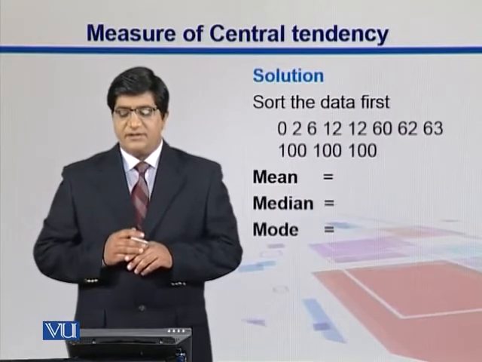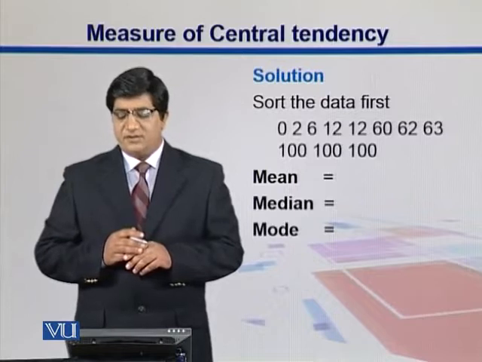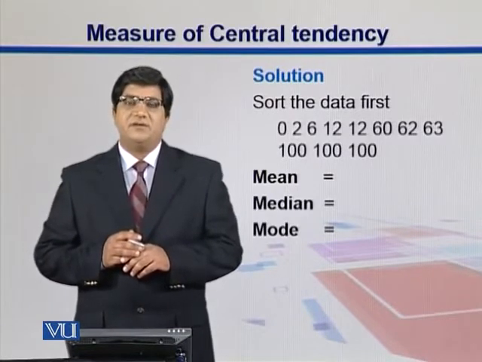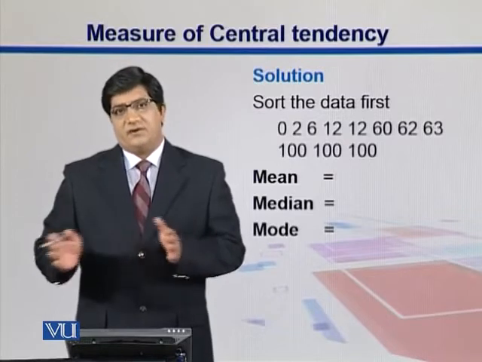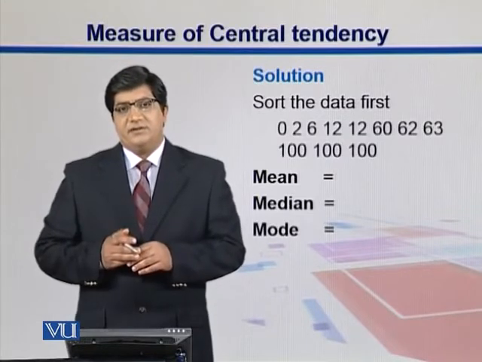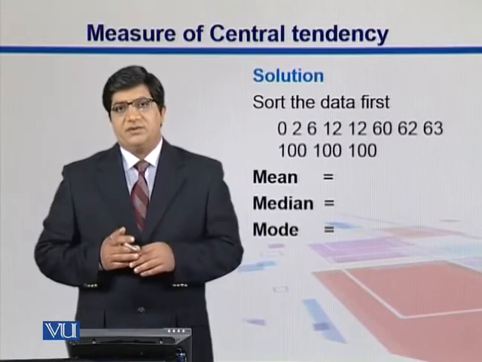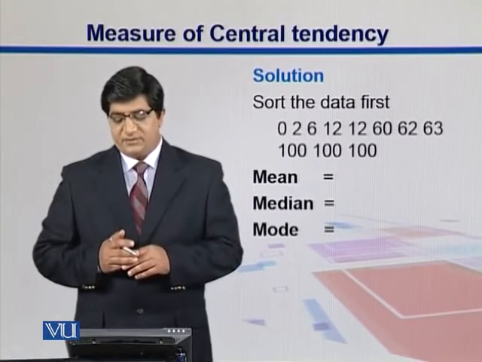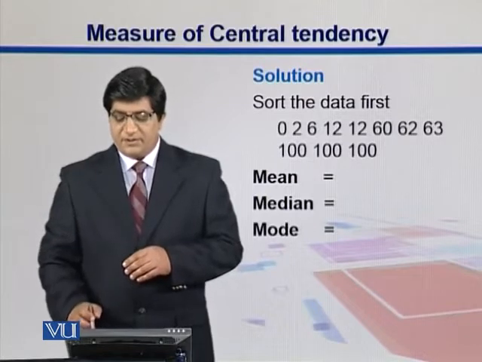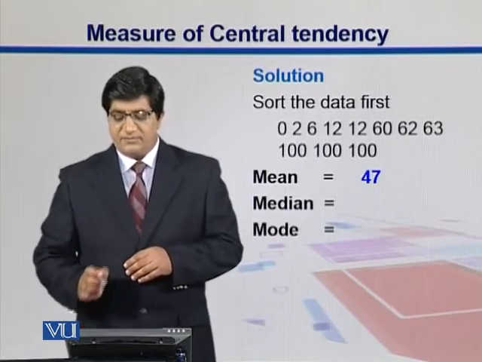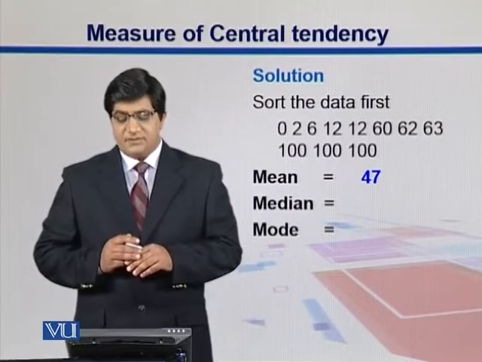When we sort that data, the minimum is 0 and the maximum is 100, so the data has a range of 100, which is a huge range. We take the numbers, sum them up and divide by the total count. So we have the average or the mean, which is 47.